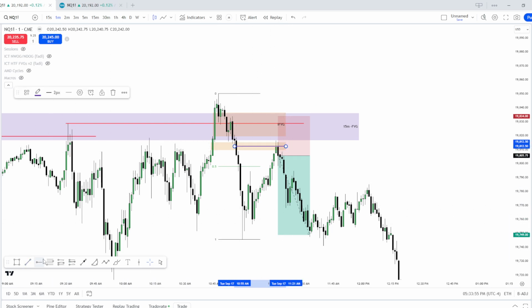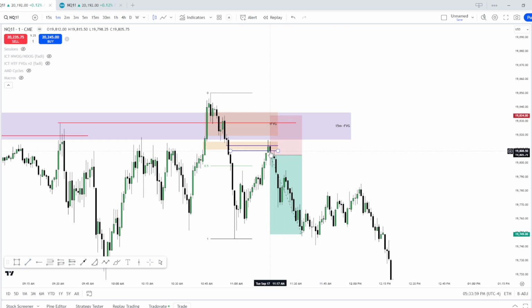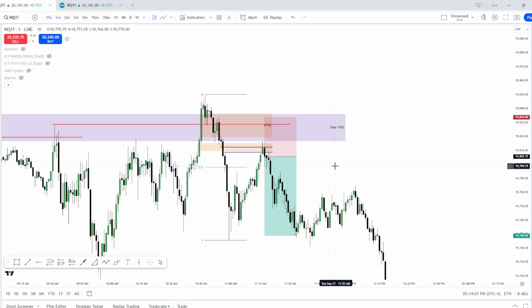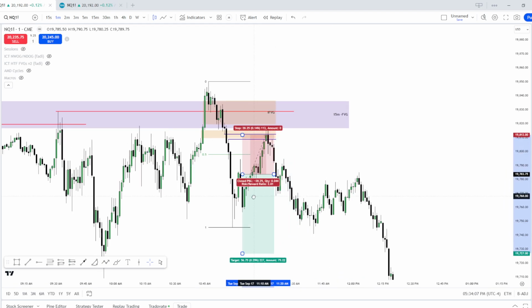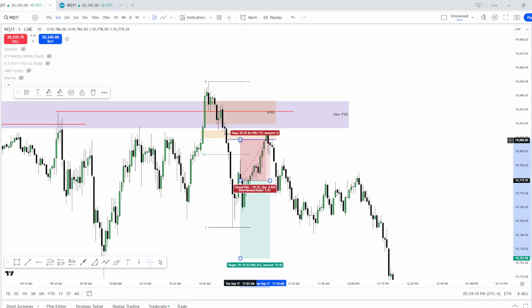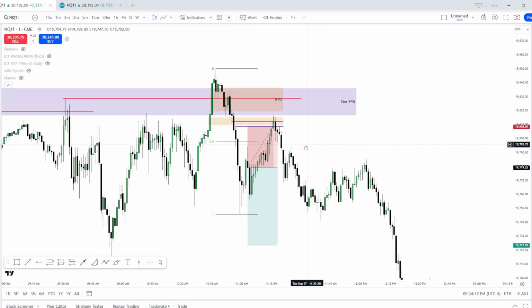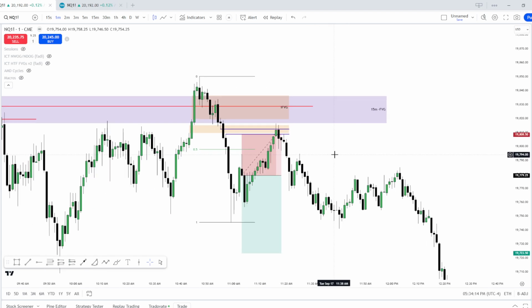Directly into this 1-minute fair value gap right here. After price gives a bearish candle out of that fair value gap, you could have entered this trade. And now, you might ask yourself, well, we had this entry down here, right? Off of this bearish fair value gap, right here? Yes, there is. But you need to realize probability.